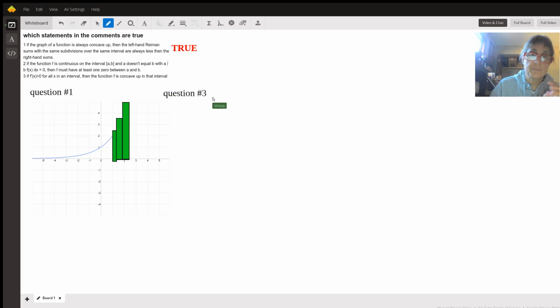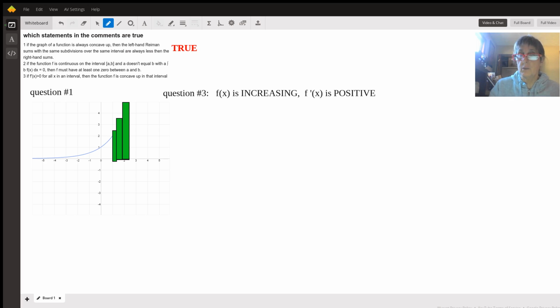So here's the way that derivatives work. If f of x is increasing, then the first derivative, f prime of x, is positive.